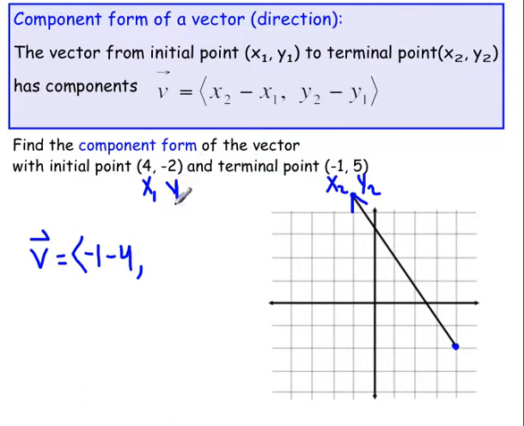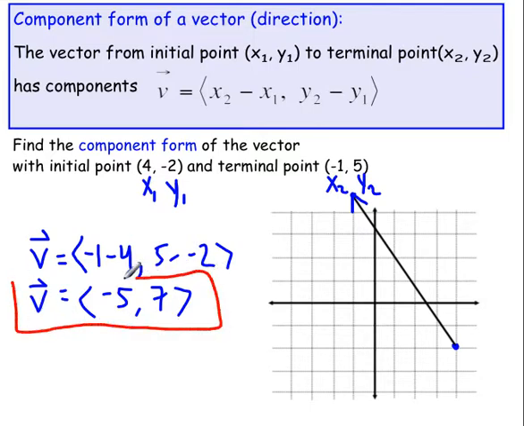Oh, whatever. Okay. So y2 minus y1. So that would be 5 minus -2. Okay, so then our vector is going to be -5, comma, 7. That would be component form of our vector.